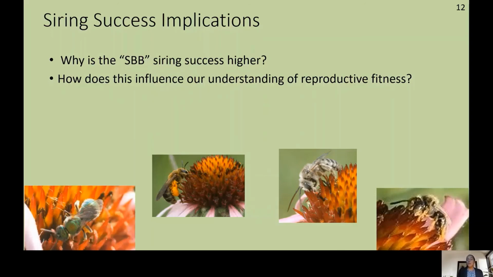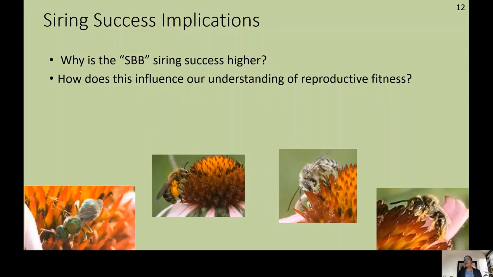Because of their smaller body size, perhaps they're more likely to get outcompeted by the larger bees when visitation is not restricted. And by restricting visitation, the SBBs could visit the flowers more and pick up more pollen and drop off more pollen, which could lead to higher siring success.